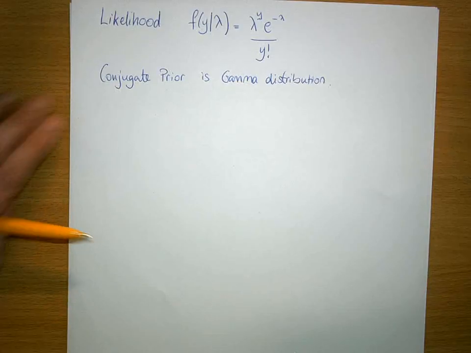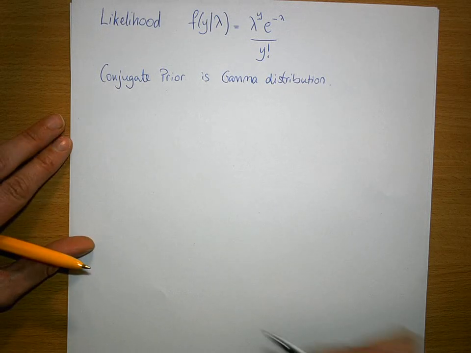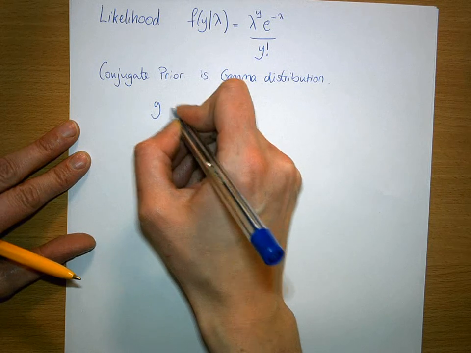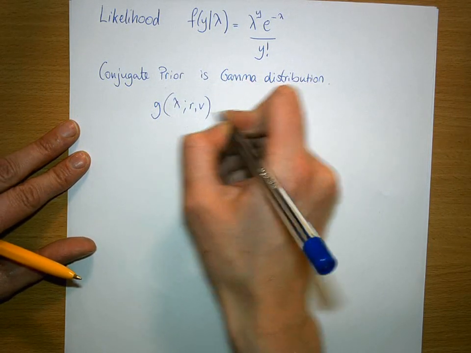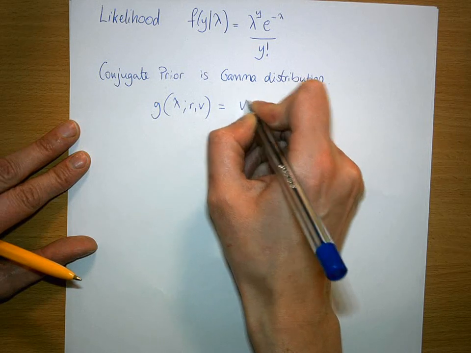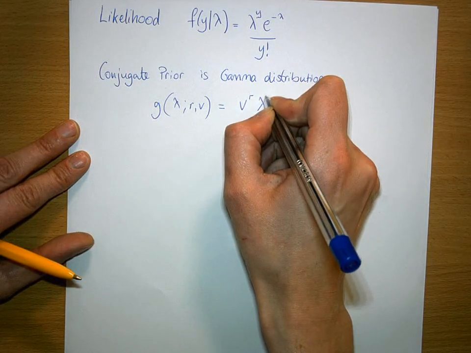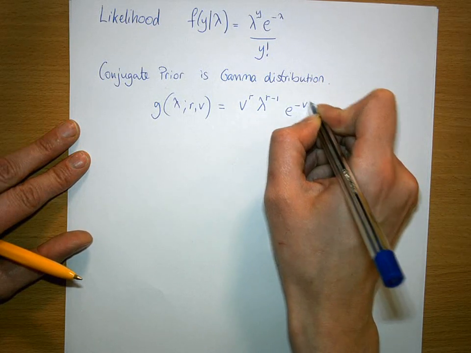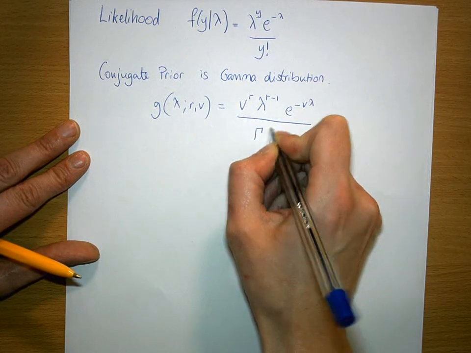Now, there's a few different ways of writing down the gamma distribution. We're going to go with the one that's g of lambda given r and v is equal to v to the power of r lambda to the r minus 1 e to the minus v lambda over gamma of r.